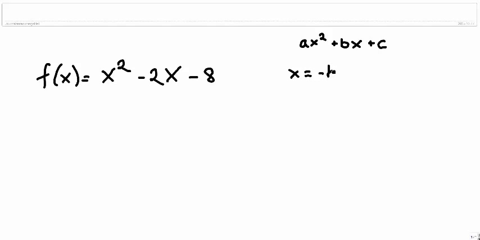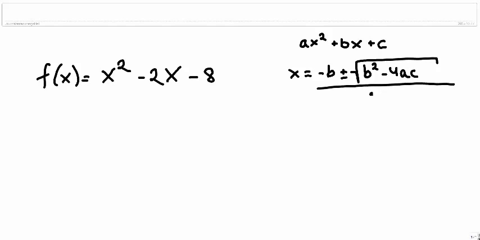So this is the formula. I'm not going to do it because this is actually quite easy to factorize without doing the general formula. So minus b plus minus, I'm going to write what's inside this big square root. That looks like this, b squared minus 4 times a times c, and everything divided by 2 times a.